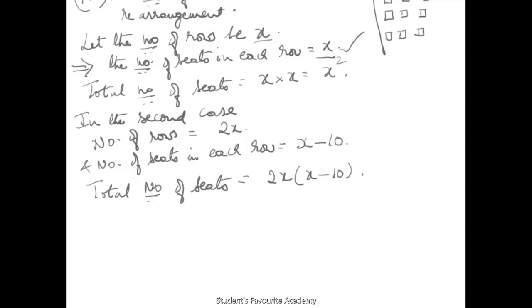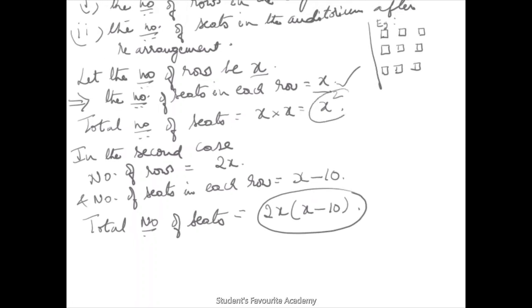Now, what is the condition given in the question? In the second case, when rows were doubled and seats were reduced by 10 in each row, the total number of seats increased by 300. Okay. So that means the total number of seats is this, and earlier the total number of seats was this.